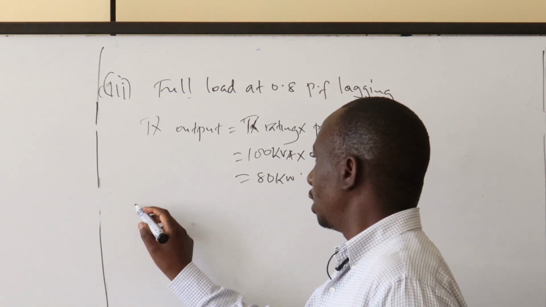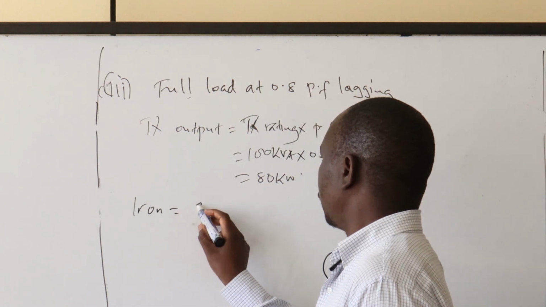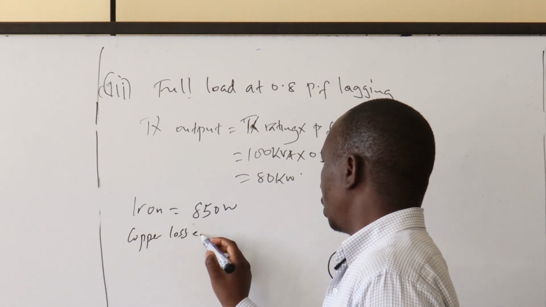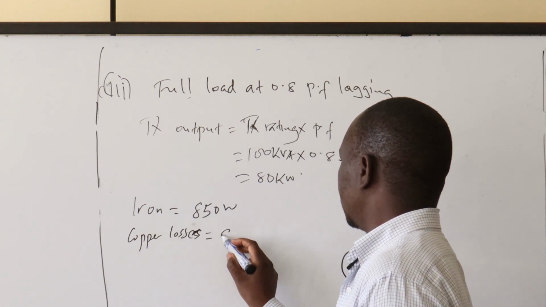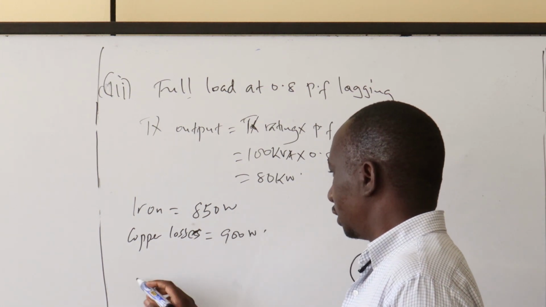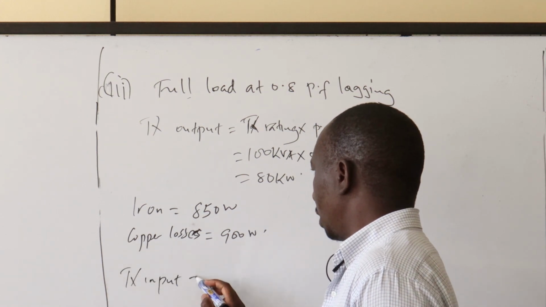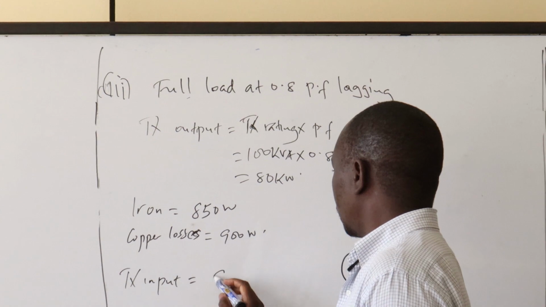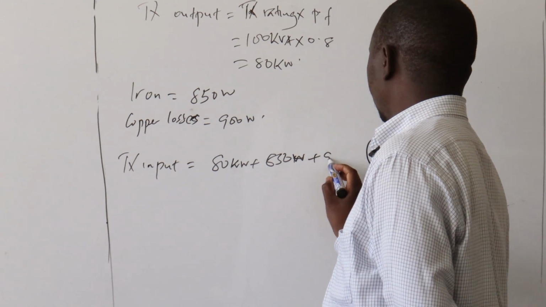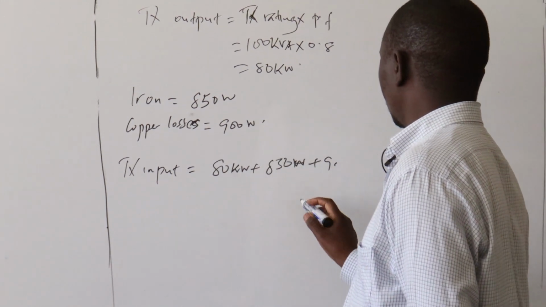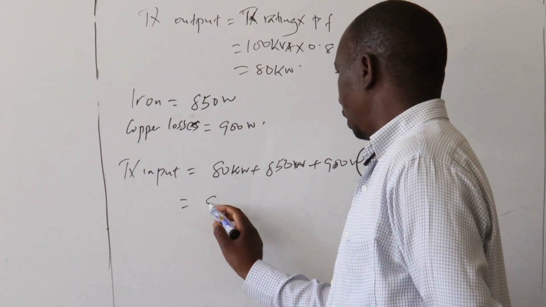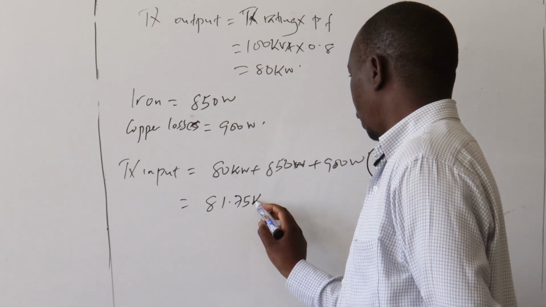So the iron losses remain constant. We shall have 850 watts. The copper losses will also remain constant as 900 watts. So when you have this, the transformer input will be 80 kilowatts plus 850 watts plus 900 watts, which becomes 81.75 kilowatts.